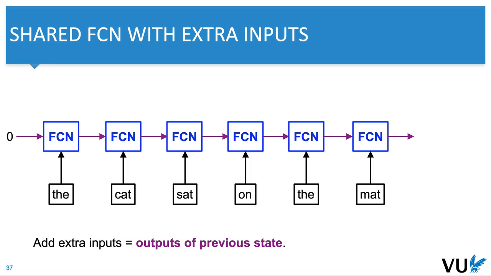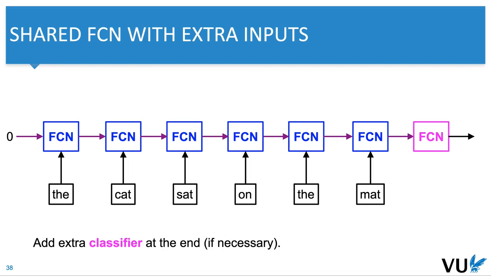So the sequentiality comes into the game. On top of that, if we want to classify sentences, of course, we can add another fully connected network that will classify the sentence.